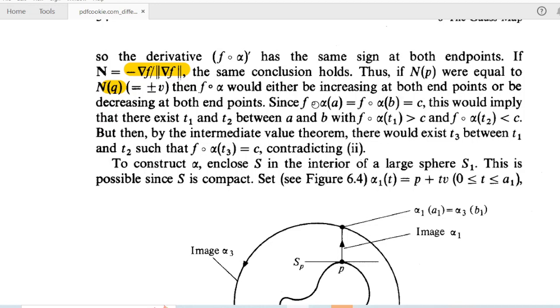So since f composition alpha of A is equal to f composition alpha of B equal to C, this would imply that the f value at the point alpha of A and the f value at the point alpha of B equal C. This would imply that there exist T1, T2 between A and B such that f composition alpha of T1 is greater than C and f composition alpha of T2 is less than C.